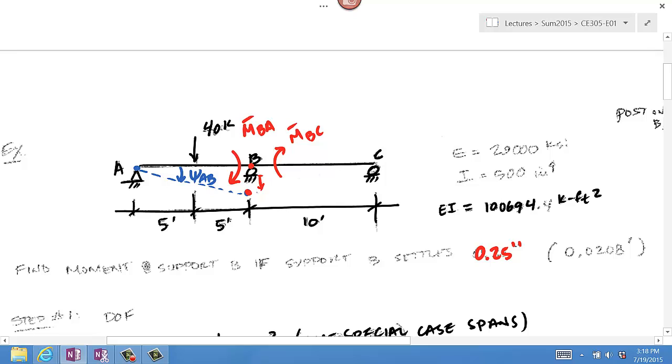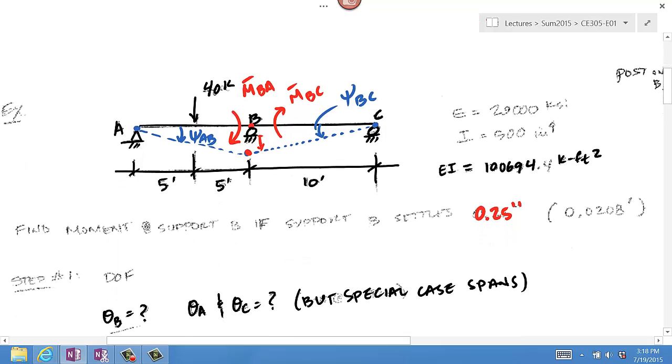Similarly, if you draw a line between the new point B and the original point C, then the angle between those chords is psi BC. So again, I want you to label these chord rotations whenever they show up in your problems.